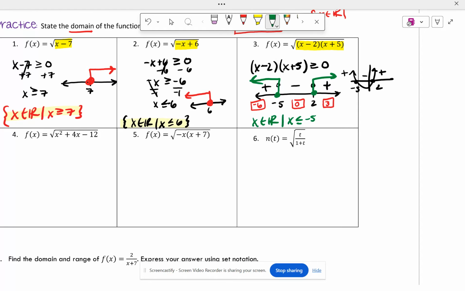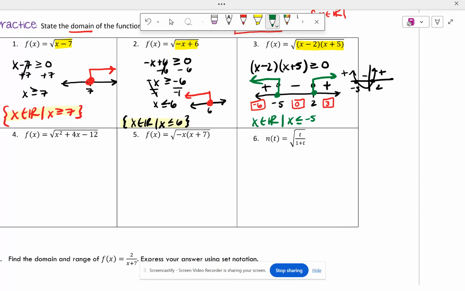Now we have the same idea. We take the piece under the radical and set up an inequality so that it's greater than or equal to 0. This one needs to be factored. This would be plus 6, minus 2. Those become my values on the number line. Oops, negative 6 comes first.